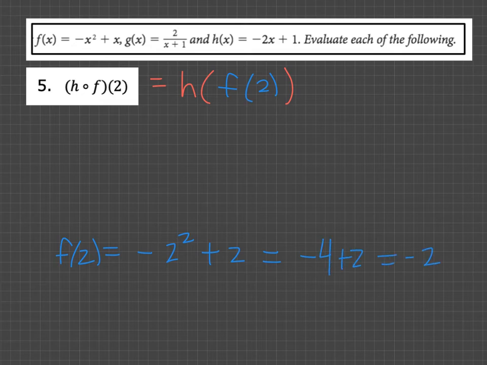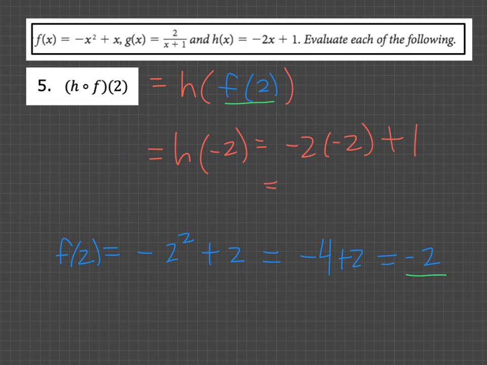It's a negative 2. So we evaluated f of 2, and it's equal to negative 2. So we take that negative 2 and plug that into h. So we're going to have negative 2 times negative 2 plus 1. So negative 2 times negative 2 is a positive 4. Plus 1, we get 5.